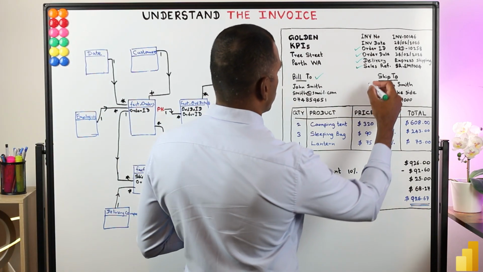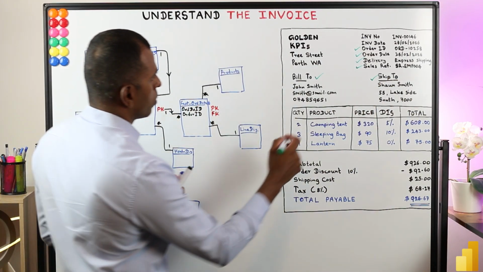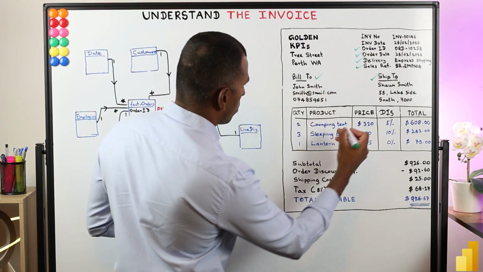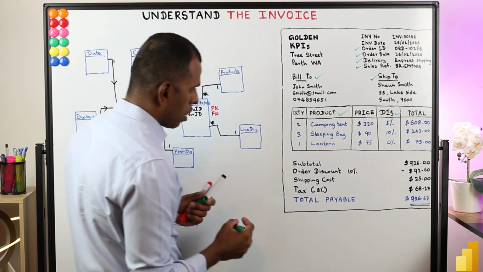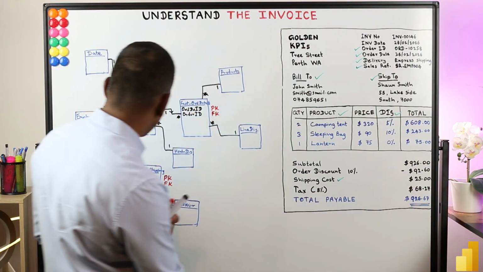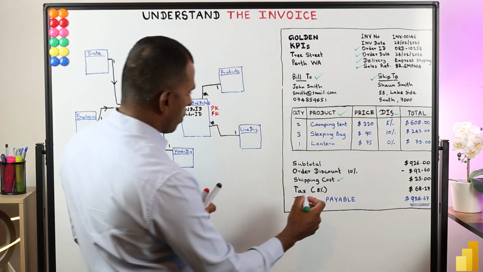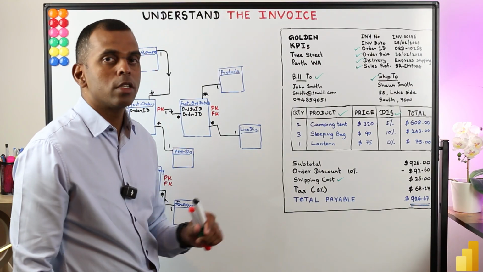What else? We ship to, we did here, receiver. This is the customer. We did the product, line-based discounts, and shipping cost is included here. And we don't really need the tax, because 8% is a flat rate.